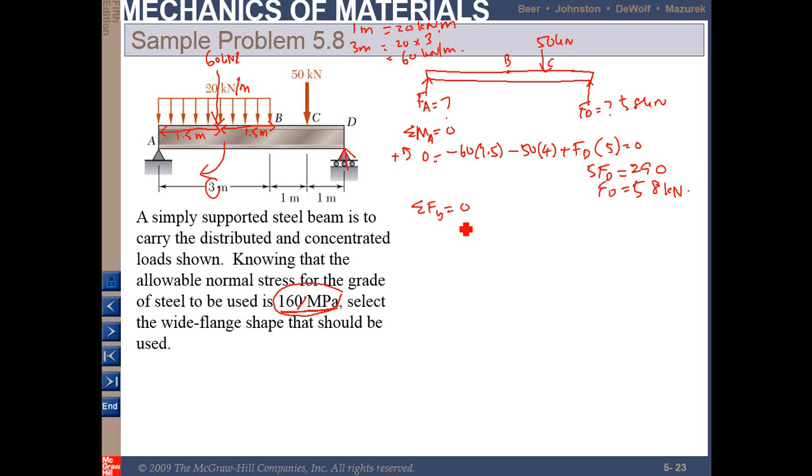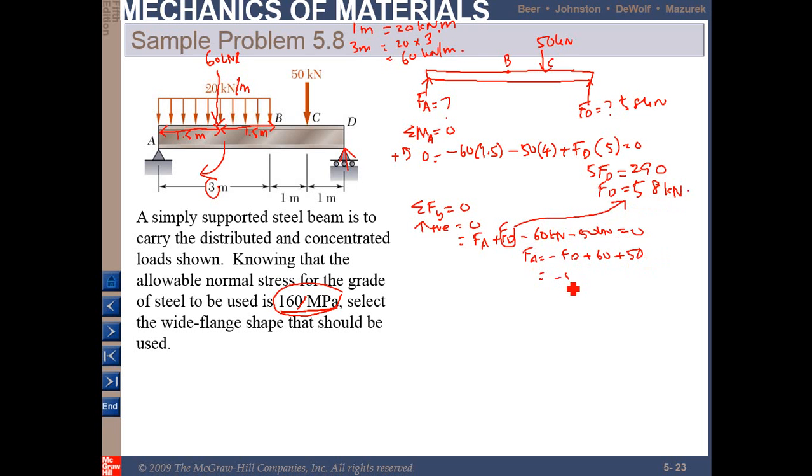0. If we take this as positive, FA is positive and FD is positive, and then minus 60 kilonewton, and also minus 50 kilonewton is equal to 0. So FD is equal to 58. Okay, so FA is equal to minus FD plus 60 plus 50.